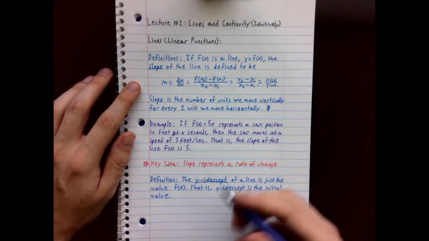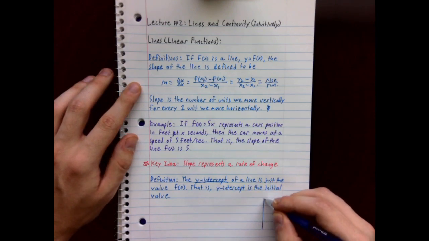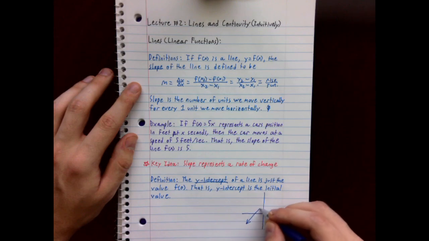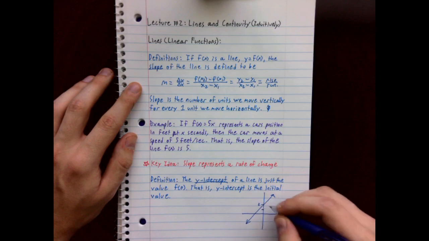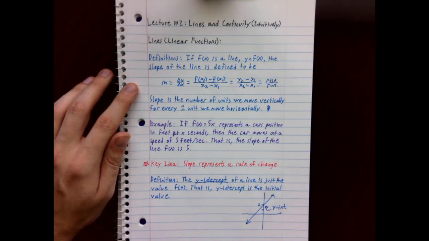And graphically, it is literally where the line intersects the y-axis. So if I were to draw a graph right here, and I drew a line like so, maybe this is 1, this is 2, then this is the y-intercept. And I'm going to abbreviate this with just int, because I don't want to write the word intercept every time.